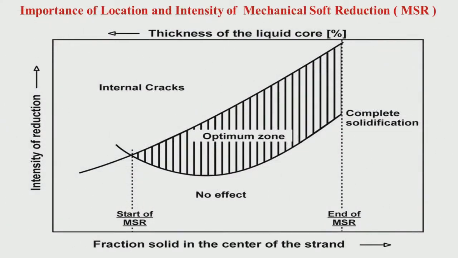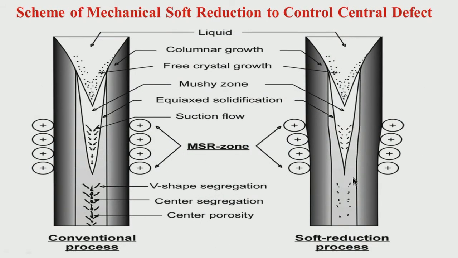Basically, how are we giving mechanical soft reduction? These are the rolls, and we are changing the distance between the rolls. The normal distance is this, we are slightly decreasing the distance and finally coming to the desired distance. In this process we are putting some pressure, we are giving some mechanical reduction, but again I am telling you, it is called soft reduction. There is a gradient, slowly it is increasing, not suddenly.